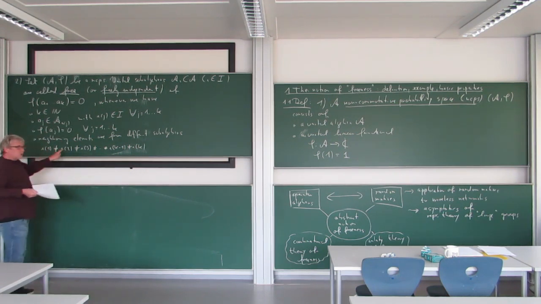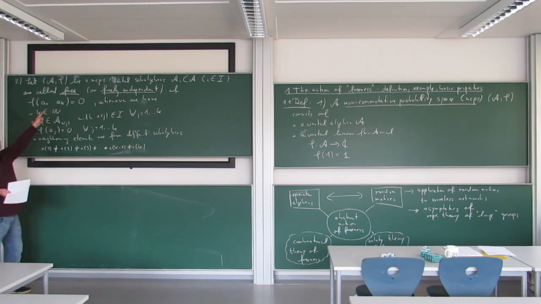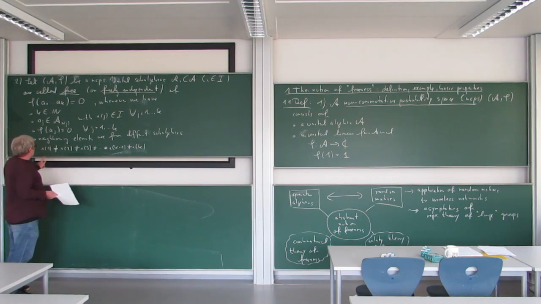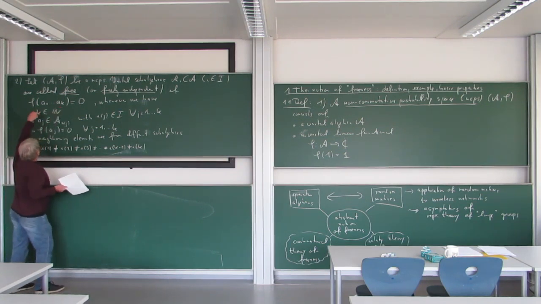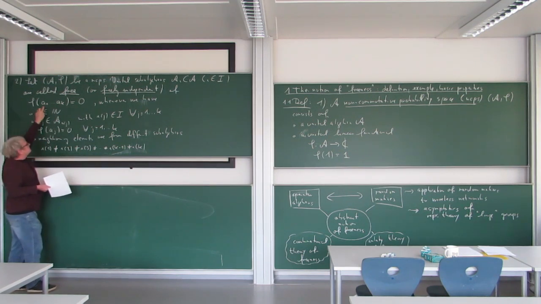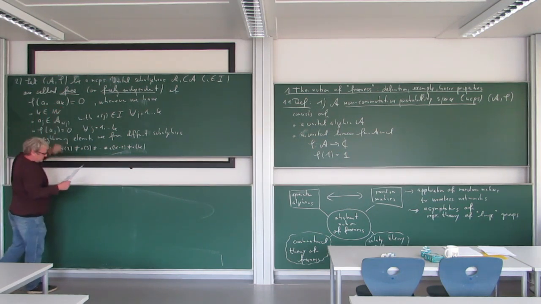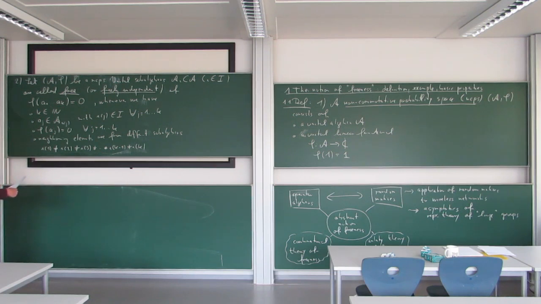Okay, but I only want neighbors to be different. The first and the second must come from different algebras, the second must come from a different algebra than the third, but the first and the third could come from the same algebra. There's no requirement of this. And I also don't require this cyclically, so a_k and a_1 can also come from the same algebra. It's just neighbors that should come from different ones.